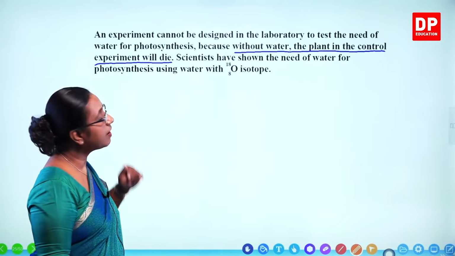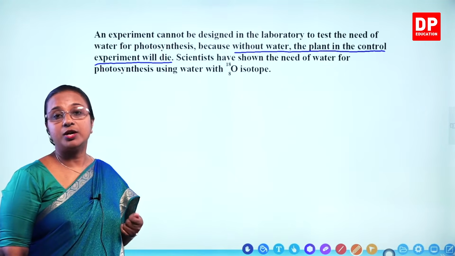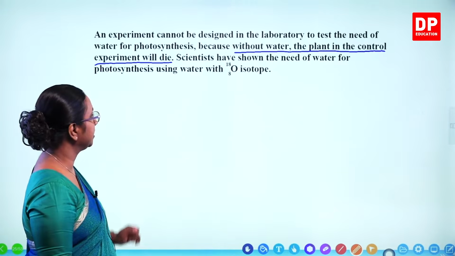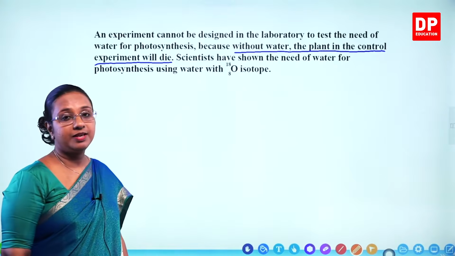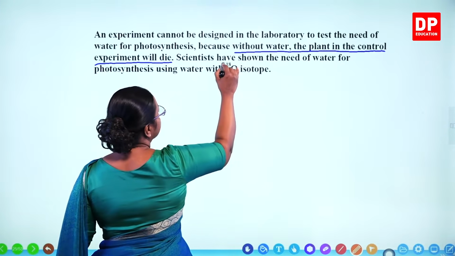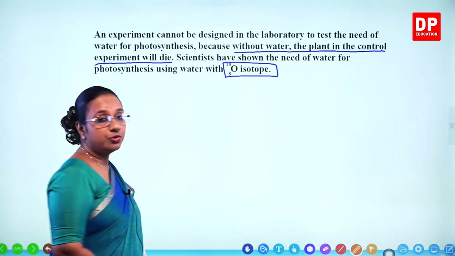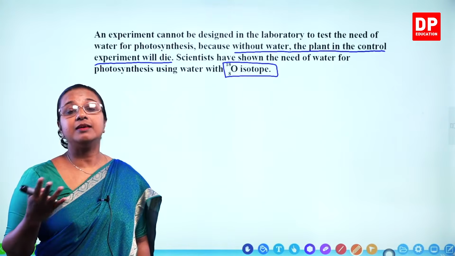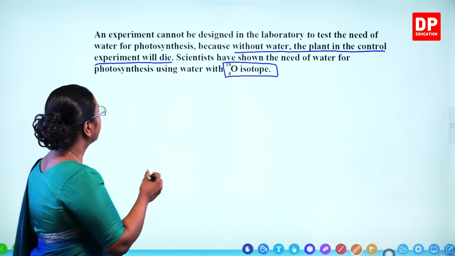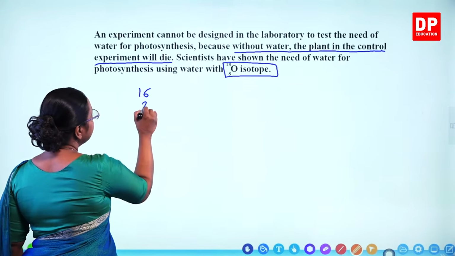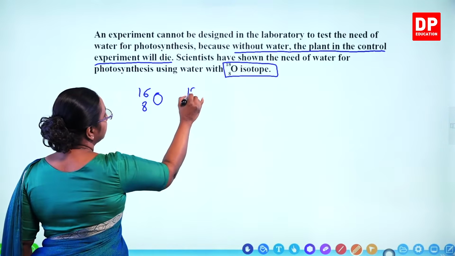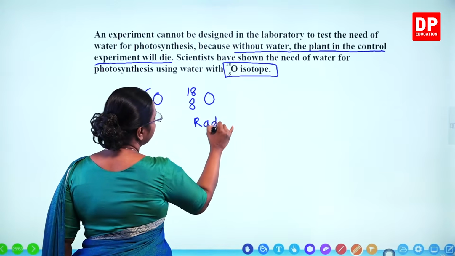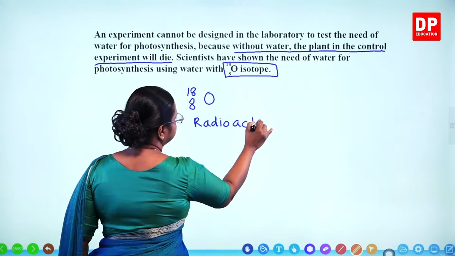But scientists have found a way to show that water is needed. Scientists have shown the need of water for photosynthesis using water with 18,8 isotope. You all know what isotopes are. Atoms of the same element with different mass numbers. The common isotope is 16,8 oxygen. Here we use 18,8 oxygen. This is radioactive.